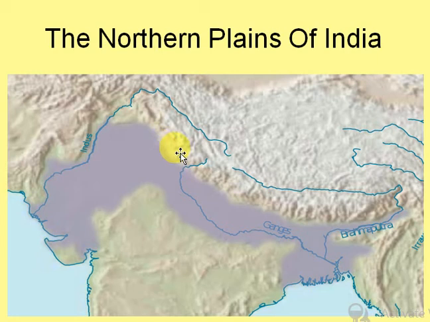All these rivers, the tributaries and other streams, through erosional and transportational activity, deposit all the materials in the plain areas. Here they have deposited all this, and this is how the northern plains have been developed.